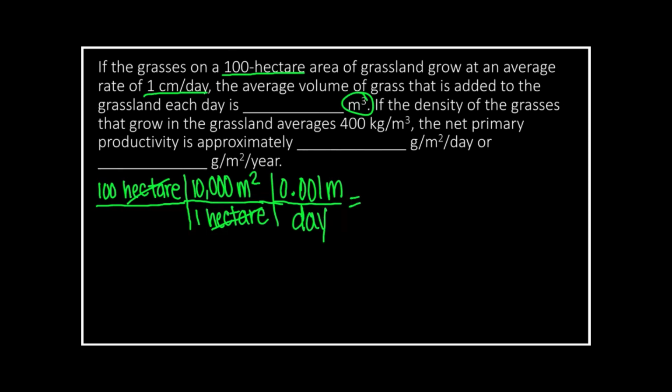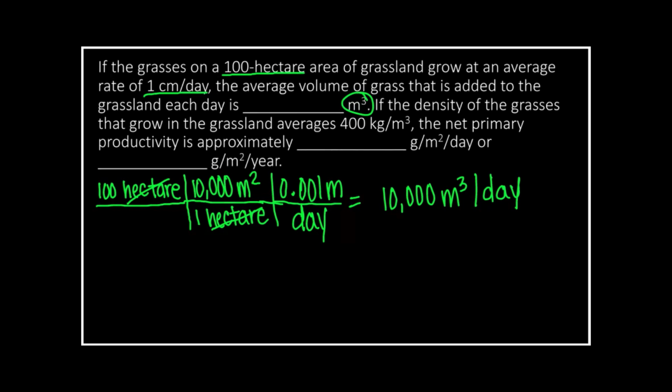Okay, so now we have a meters times a meter, which is going to give us meters cubed, which is what we wanted. And we have 10,000 meters cubed per day. So that's that first thing they asked us.